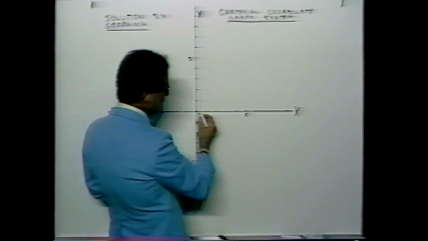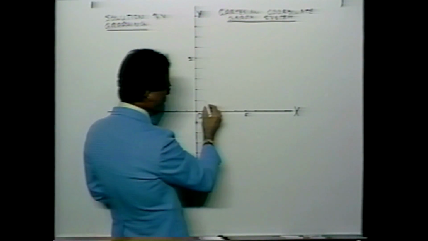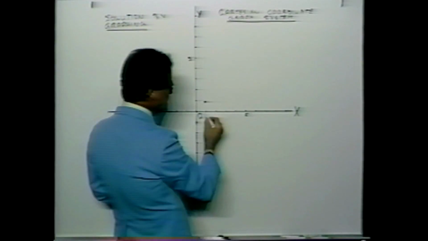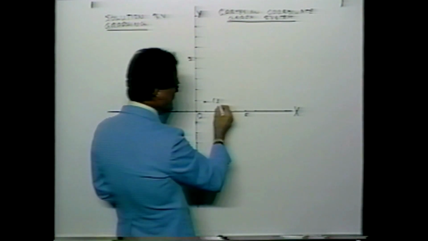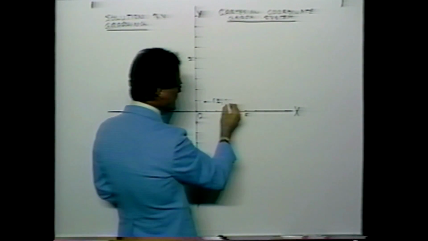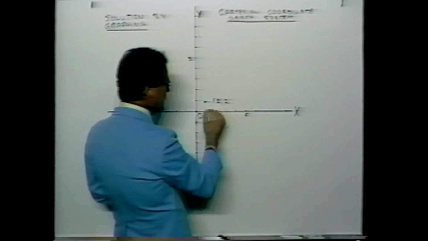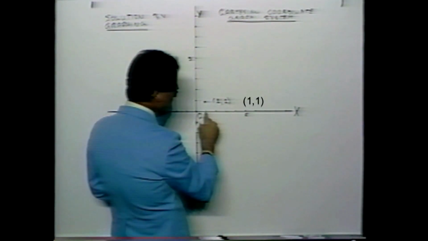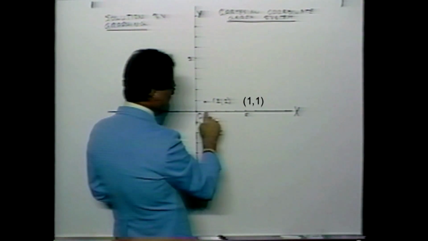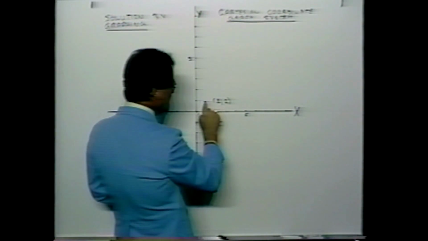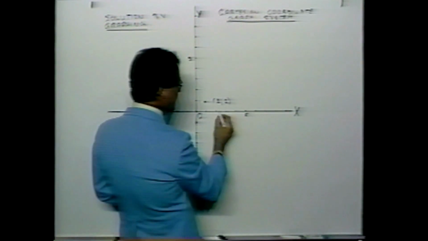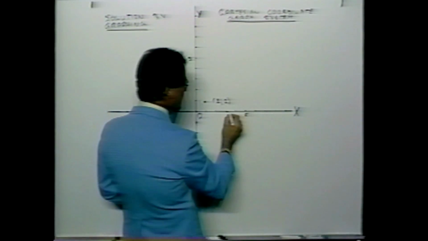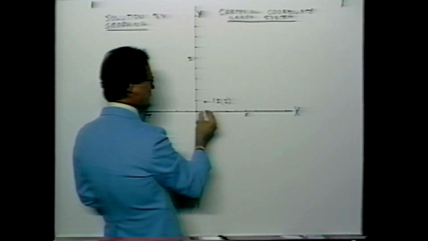In other words, if I go to the right 1 and go up 1, then this point can be referenced by the coordinates 1, comma, 1. 1 for going in the direction to the right 1 position, and the other one going up 1 unit vertically. So 1 is referenced to the direction x, and the other one is referenced to the direction y.